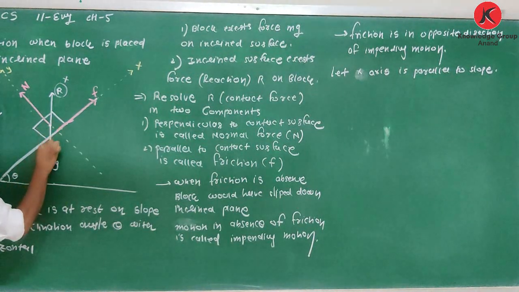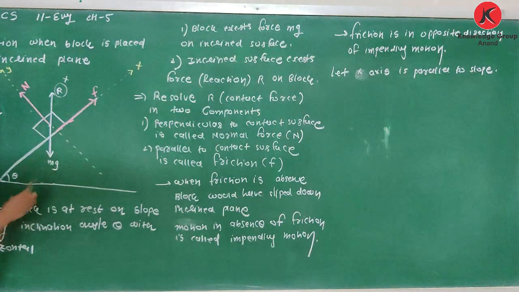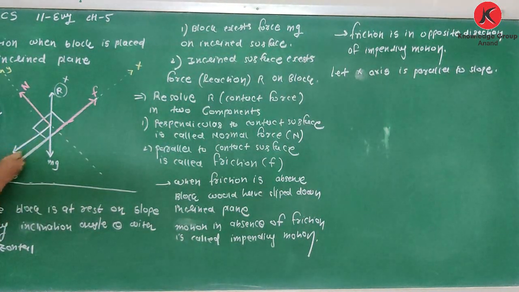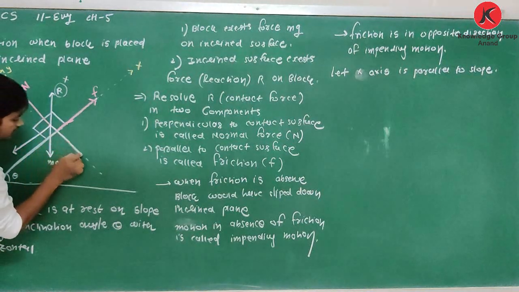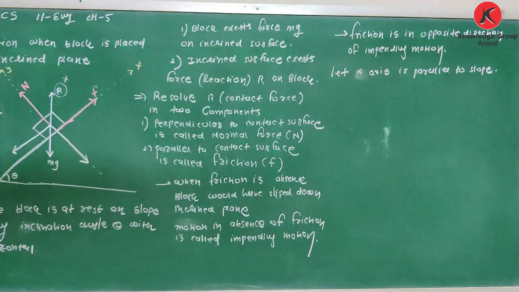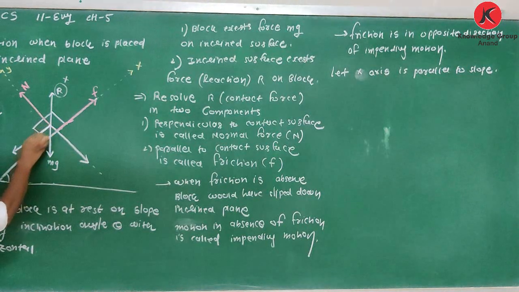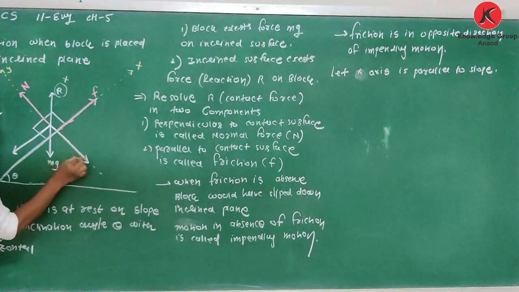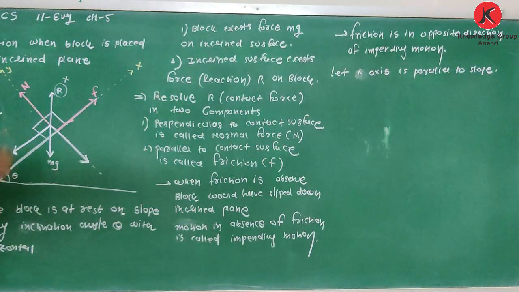I will resolve mg into components, one parallel to the slope and another perpendicular to the slope. Clear about this? Again, this component is parallel to the slope and this component is perpendicular to the slope.